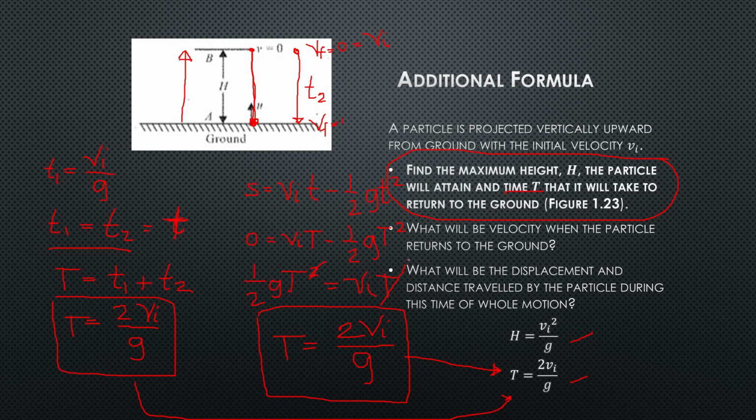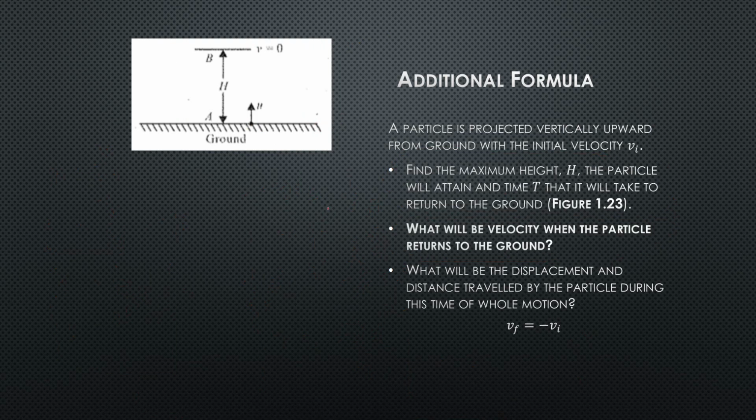Okay, second common problem: what will be the velocity when the particle returns to the ground? Similar problem: a particle is projected vertically upward from the ground with initial velocity vi. What will be the velocity when it returns to the ground?